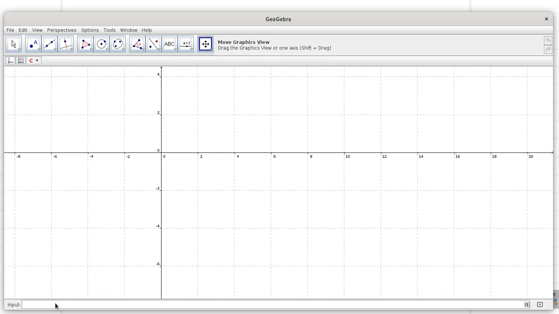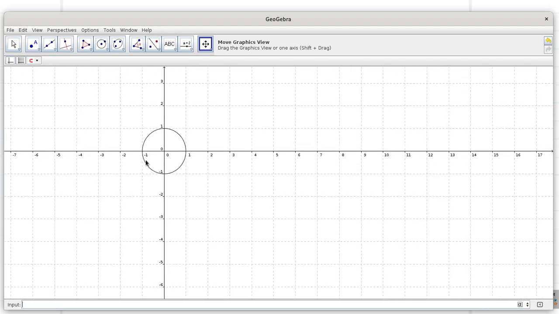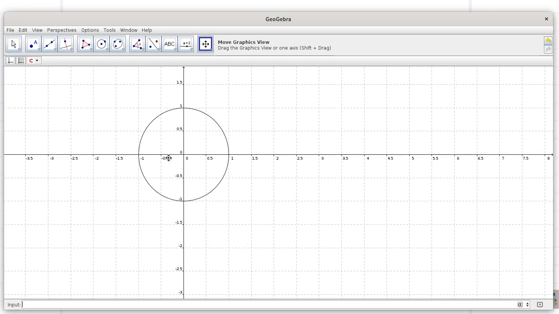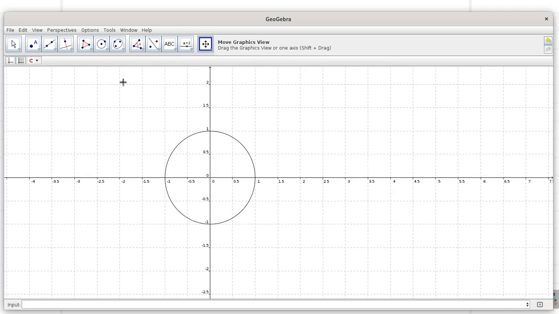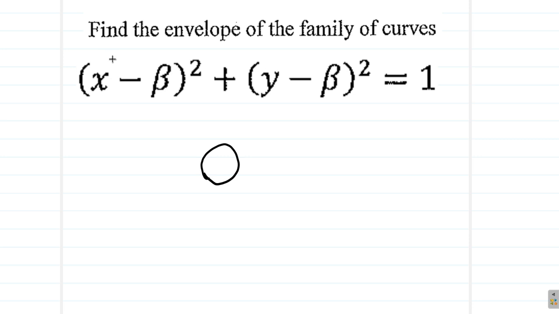If you have x squared plus y squared equals 1, you have that curve, right? It is located at the origin and has a radius of 1. Just a reminder of some of these things.